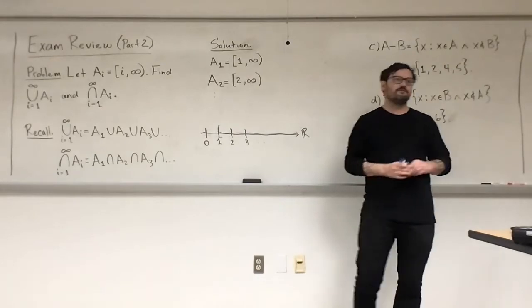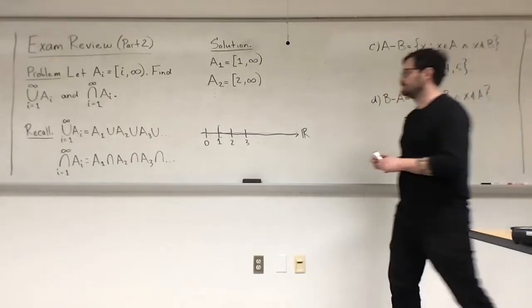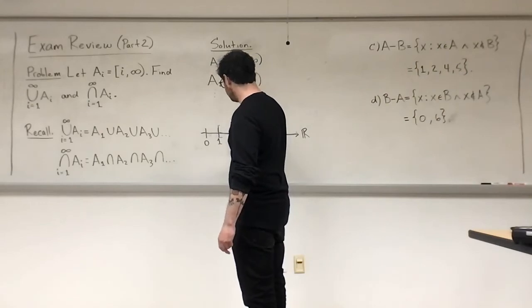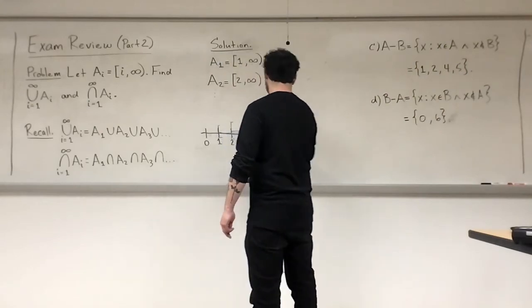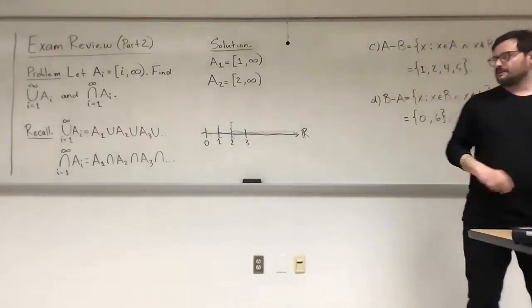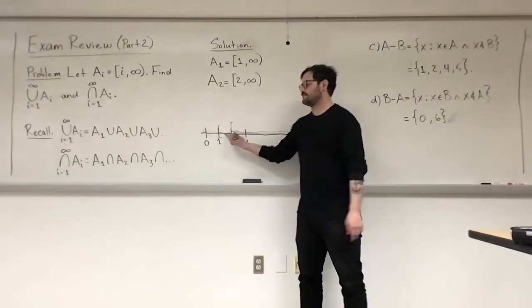And we want to maybe union that with A2. Well, A2 would be all of that, right? So isn't it the case that A2 is a subset of A1?